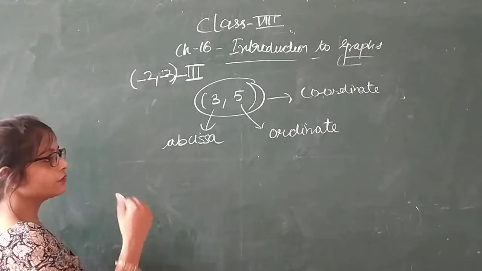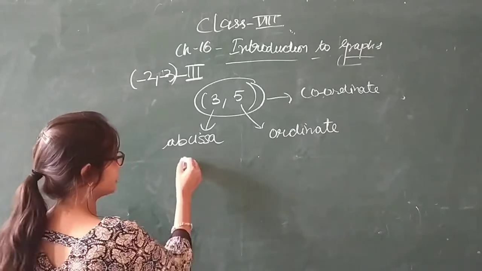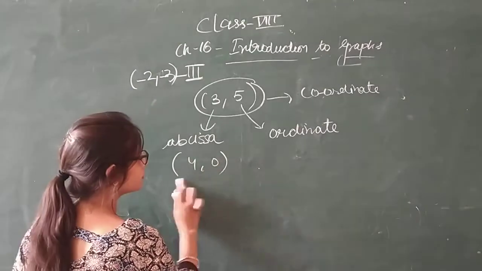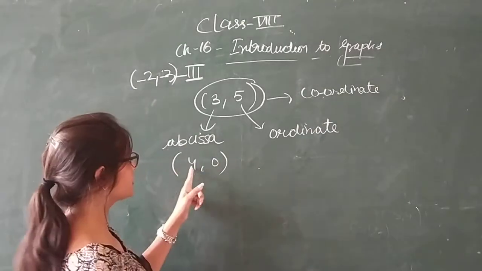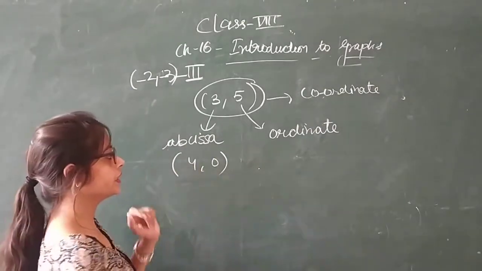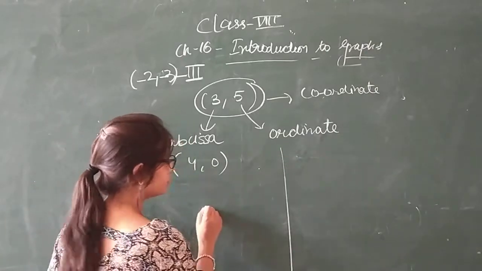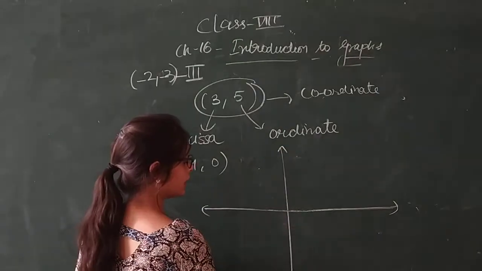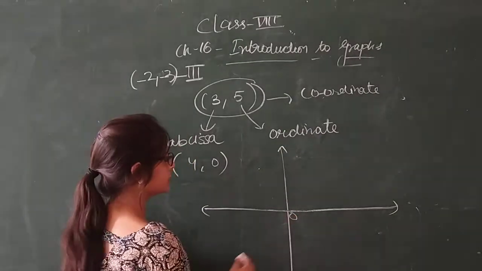Now, again we will represent the points. The point is 4, 0. This point we have to represent. Abscissa is 4, ordinate is 0. Again, we will draw a graph. This is the x-axis and this is the y-axis.